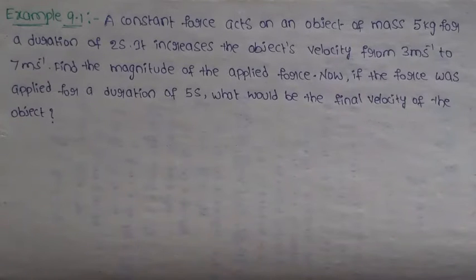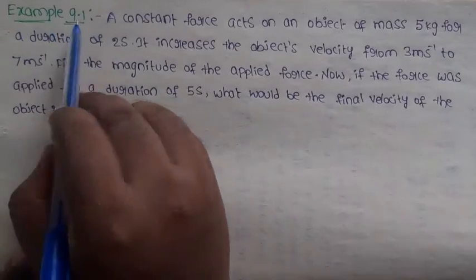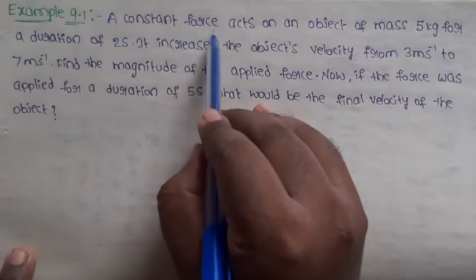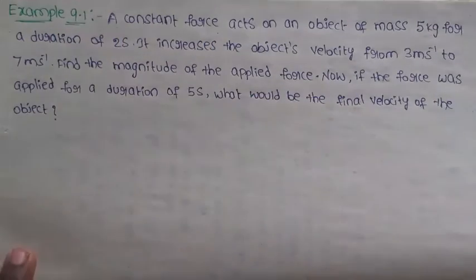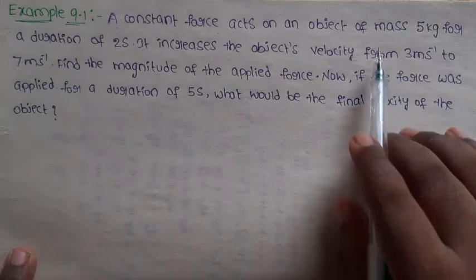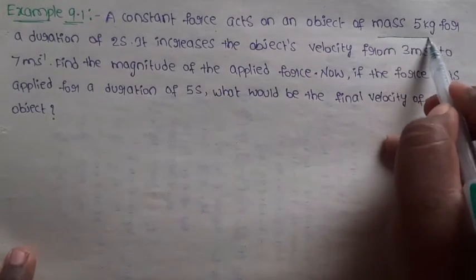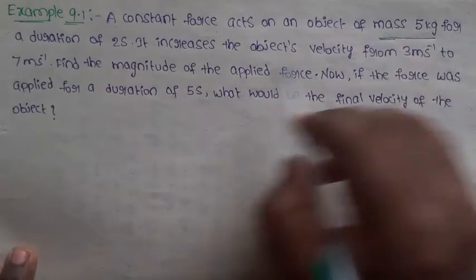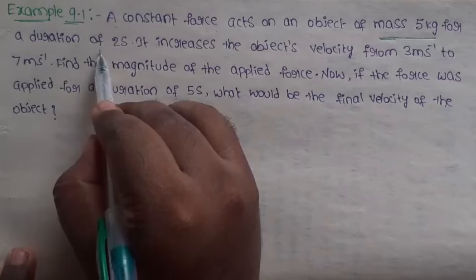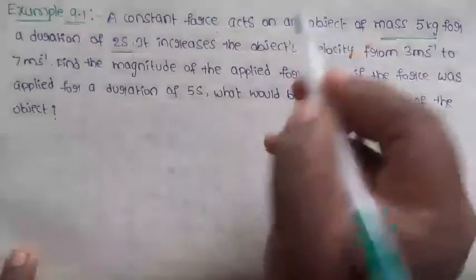Next, we will see some example problems from the NCERT textbook based on Newton's second law. First, example 9.1: a constant force acts on an object of mass 5 kg for a duration of 2 seconds.